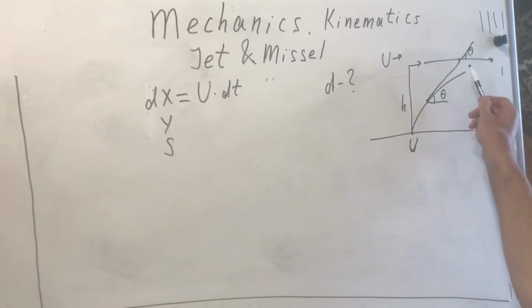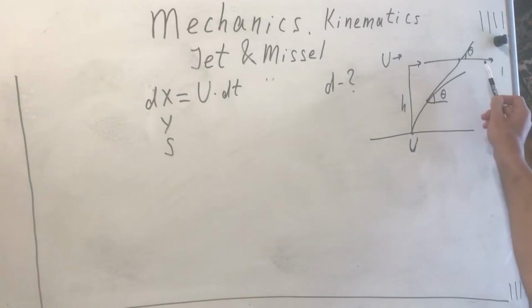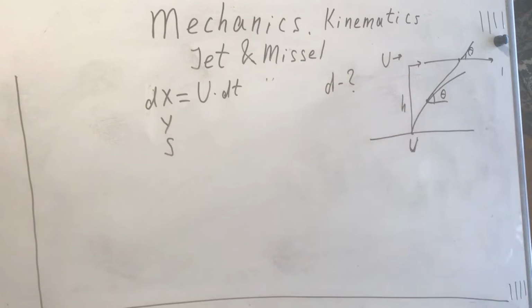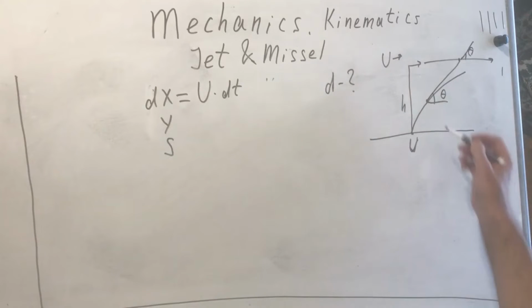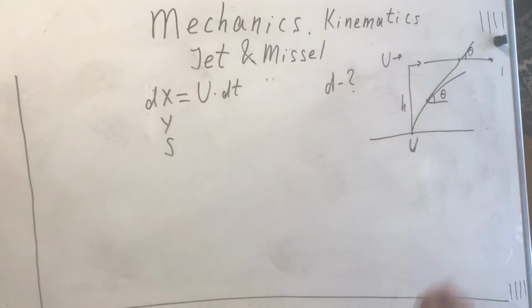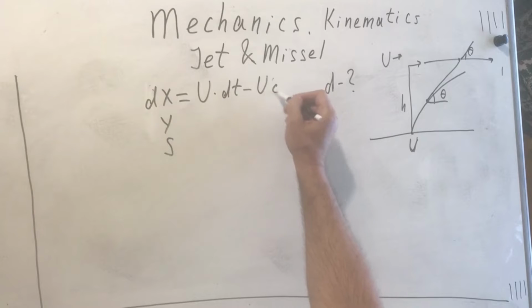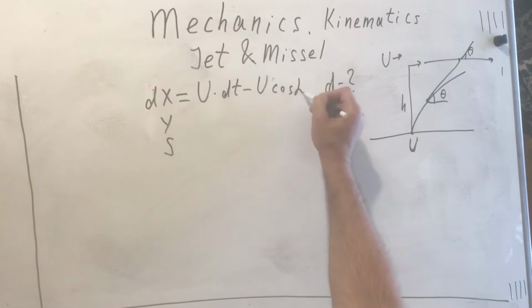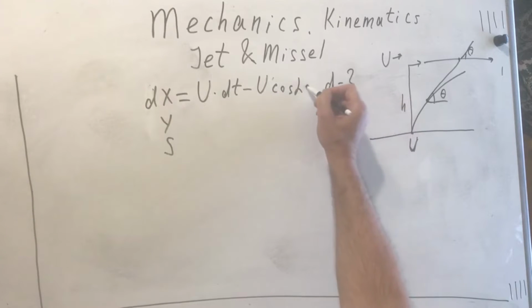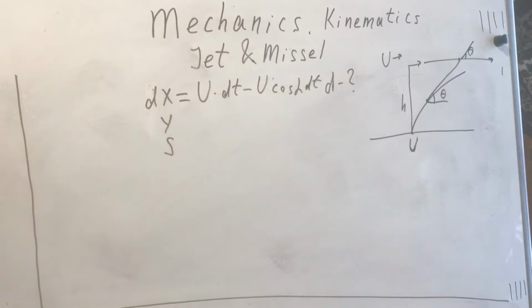This is how dx increases for time delta t by the jet, and the missile has a projection on the x direction for this velocity, which is u multiplied by cosine theta and multiplied by delta t. So this is how dx changes during time delta t.